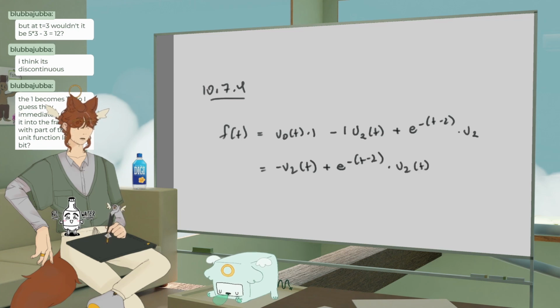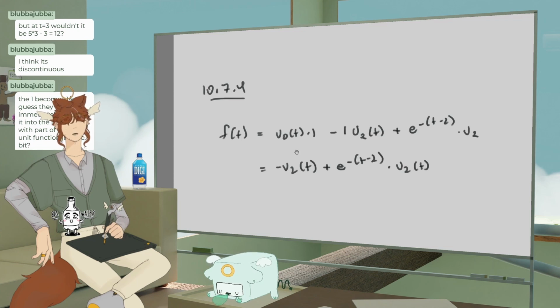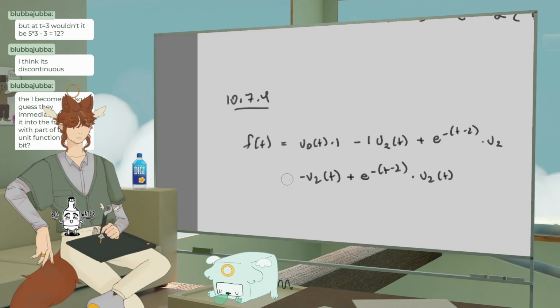So what they say is this equals 1 minus u2 of t. Oh, it is 1. I lied. That's not a 0. Wait, but u of 0 is 0. No, it's not. It's just 1. Okay, there we go.